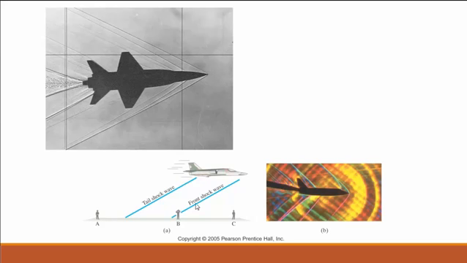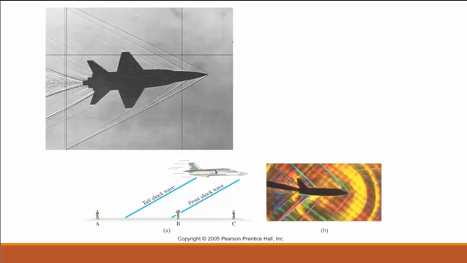As it's flying, there's this shock wave, and anybody who gets hit by that shock wave will hear the boom. So in this picture here, this person has heard both of the shock waves already. This person just barely heard that one and hasn't heard this one yet. Usually they're so close together you can't distinguish the two separate booms because the speed of the airplane is quite fast, so these booms are really close together in time. But this person here at location C hasn't heard the sonic boom yet.